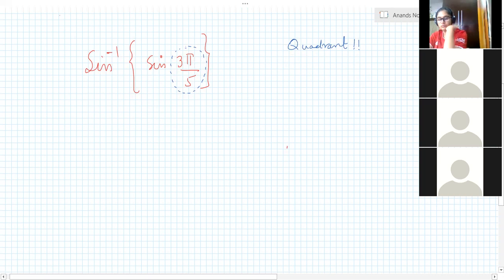This is sine inverse of sine of 180 minus theta, because sine of 180 minus theta equals sine theta. By doing this you get a smaller angle. You have a bigger angle that is not fitting in, so you need a smaller angle, and the identity itself gives you theta.